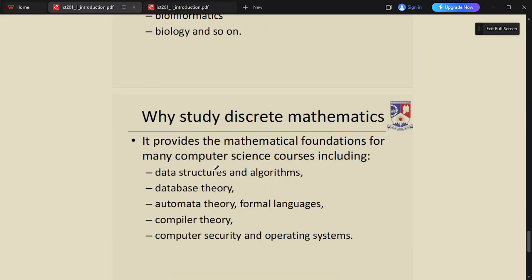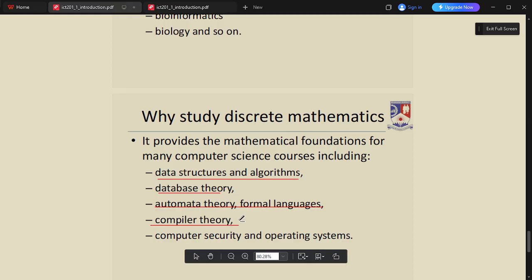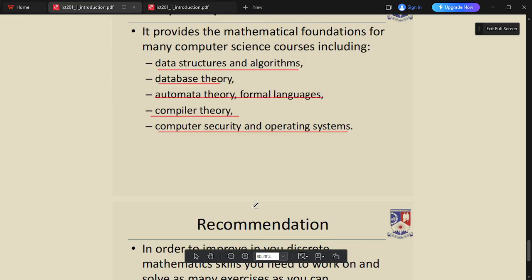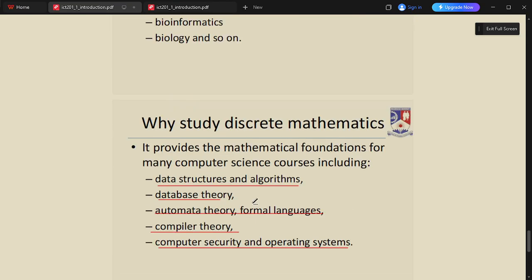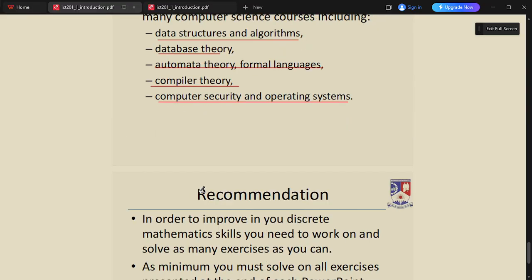It also provides mathematical foundations for many computer science courses, such as data structures and algorithms, database theory, automata theory, formal languages, compiler theory, computer security, and operating systems. So that is why we study discrete mathematics.